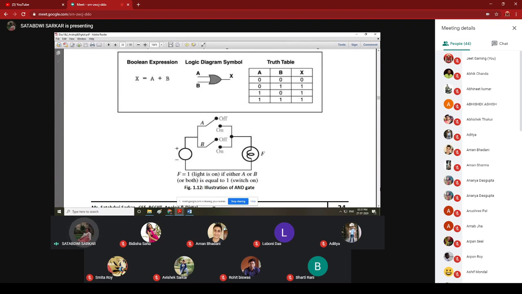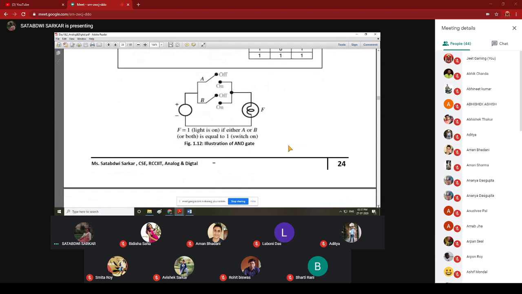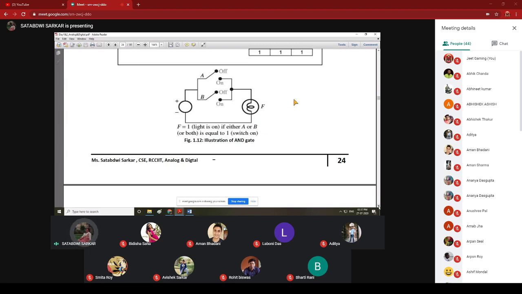Here it is not shown, but I will give you a separate note of the IC numbers, or you will get it from your book that the OR gate has the IC number 7432. 7432 for the OR gate, and for the AND gate 7408. And for the NOT gate, as I told you before, 7404.